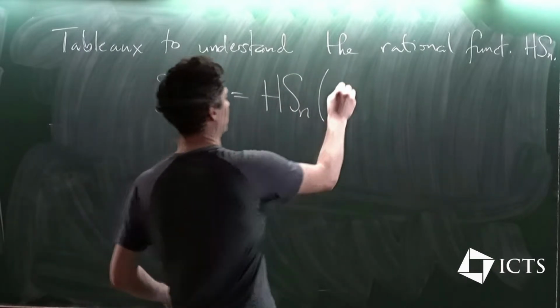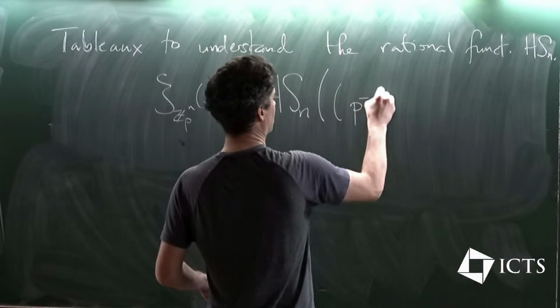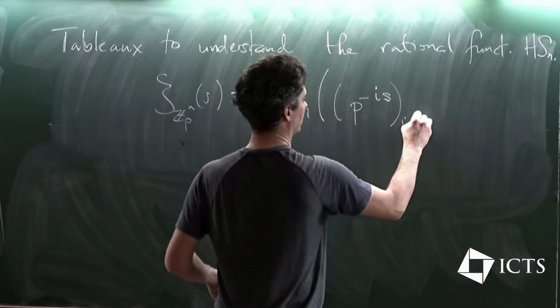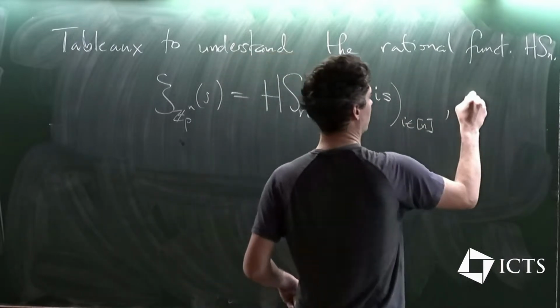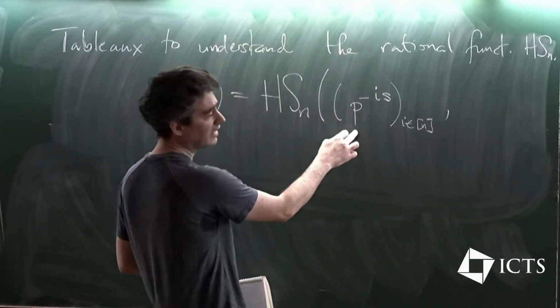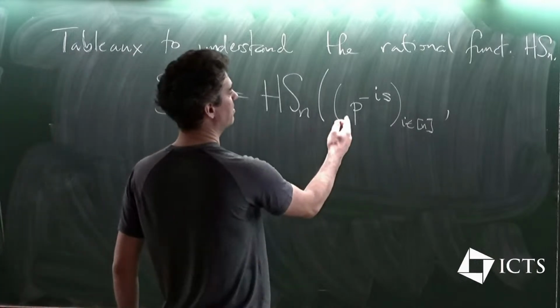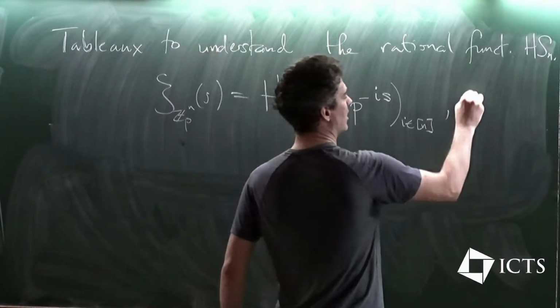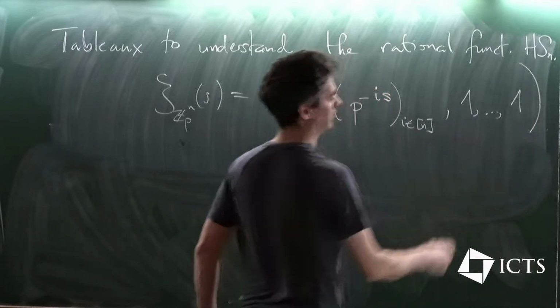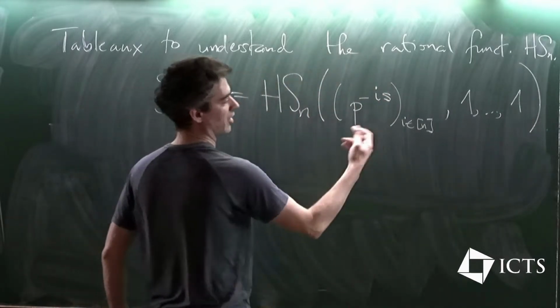One in particular is I can plug in, for all of the variables x that are associated with the partition, p to the minus s_i, and 1s for the rest. So this is n variables, and this is the rest of the n.